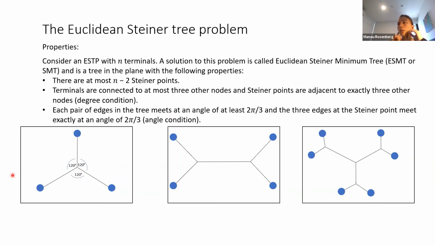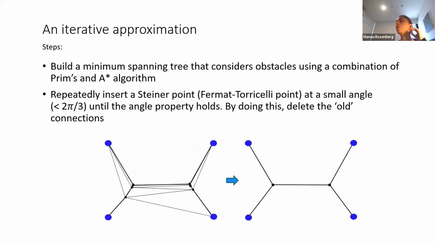And we also know that a Steiner point is adjacent to exactly 3 other nodes, and in a minimum Steiner tree there's no degree that is higher than 3. So we have a lot of properties, and there are several more, and still it's an NP-hard problem.